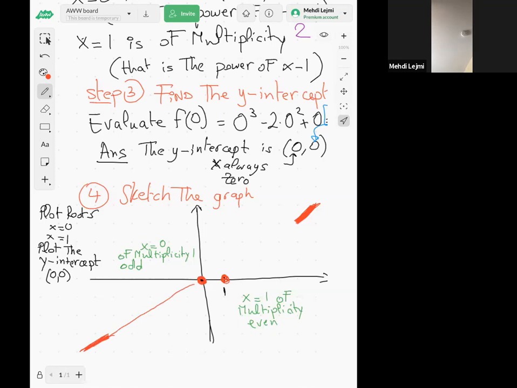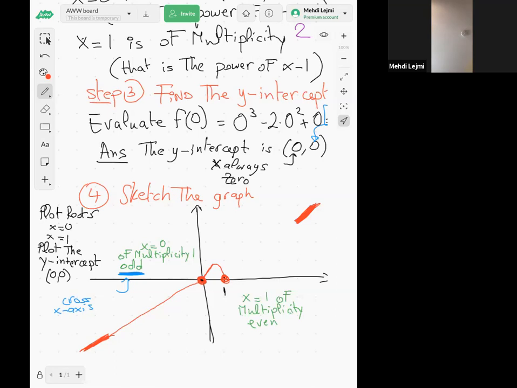Since it's of multiplicity 1, which is odd, we have to cross the x-axis. Once you cross the x-axis, you have to join the next root, which is 1.